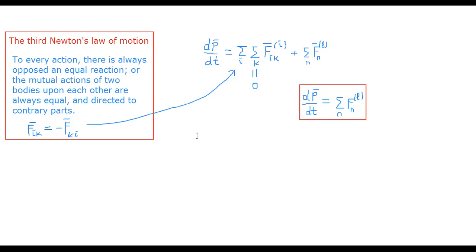If the sum of external forces is equal to 0, we can make a conclusion that the first derivative is equal to 0, and if the derivative is equal to 0, it means that the function is constant.